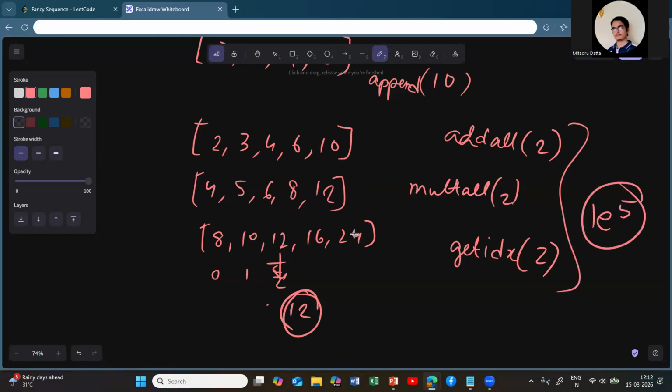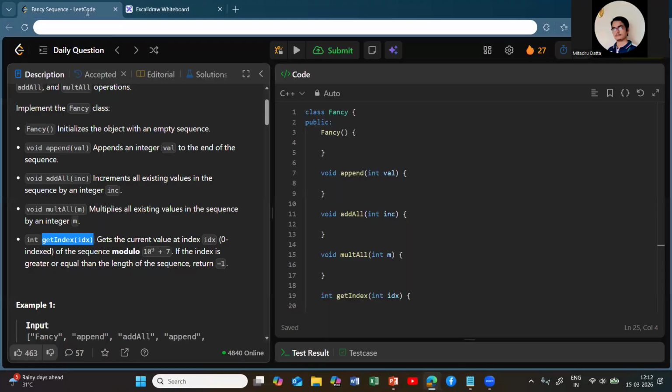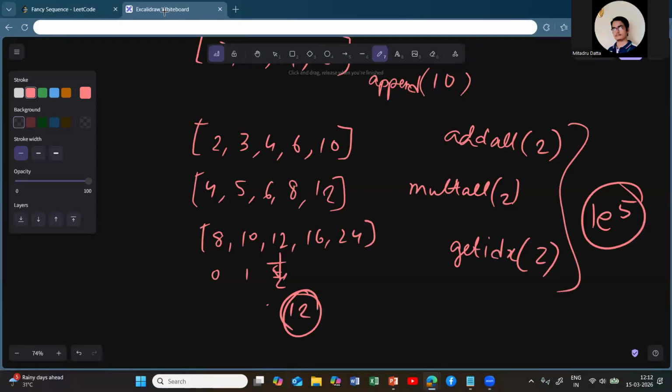Okay, so yeah, one obvious brute force solution to this is that you store all the elements in the vector, and whenever addAll is called, you just iterate through every element in the vector and add 2 to it. And whenever multAll is called, you iterate through all the elements in this vector and multiply by 2.